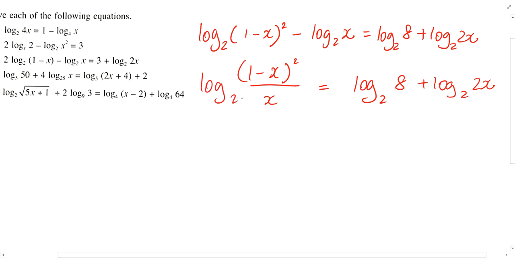Like this? Wow, I thought you were trying to skip step. Okay, next. Since you combine these two already, why don't you combine these two?